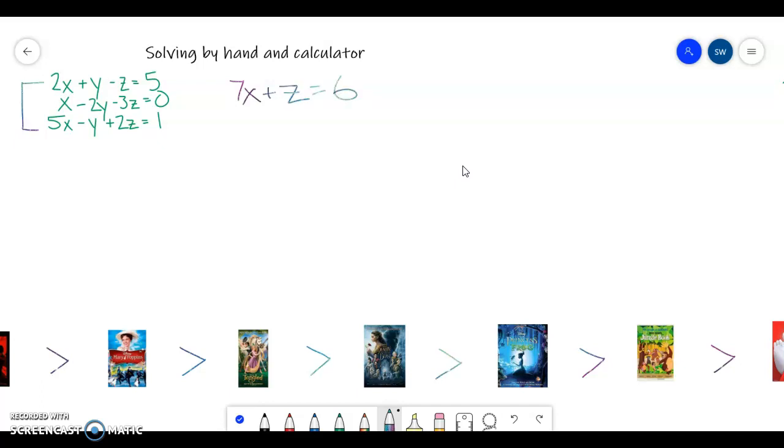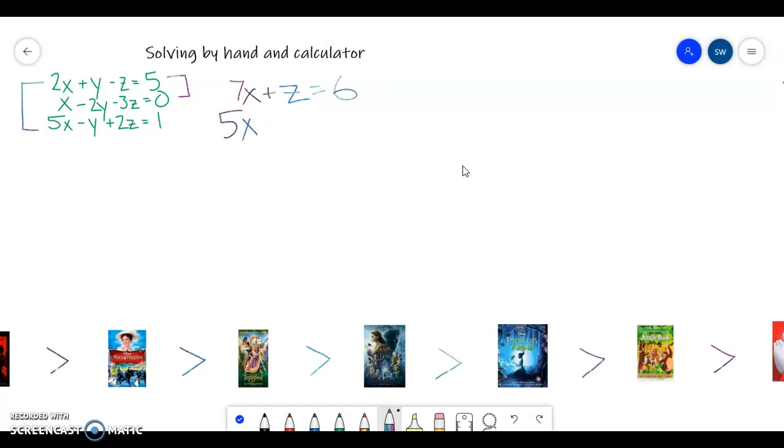equals 6. Now we want to use two different equations to eliminate y again. So let's do 2 times the top equation plus the second equation. That would be 4x plus x, 5x.